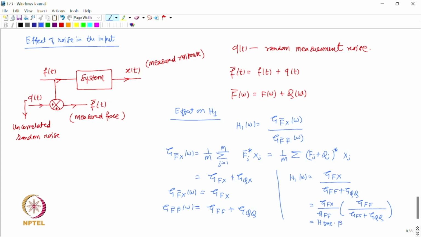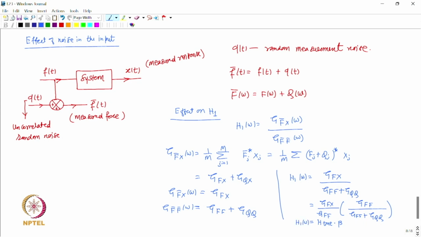This factor beta is always less than 1, because G f f and G q q are positive quantities, so the numerator is always less than the denominator. So, this is H1 omega.